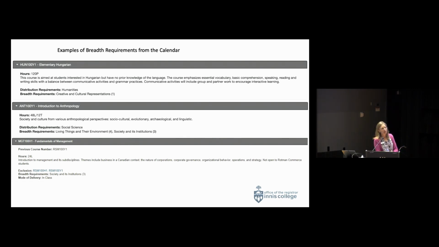Anthropology 100 is another, it's an interesting example because it's another full credit course, but it actually straddles 2 different breadth categories. So it becomes a half credit of breadth category 4 and also a half credit of breadth category 3. And this other example, the MGT 100, the management course, is a half credit in breadth category 3.